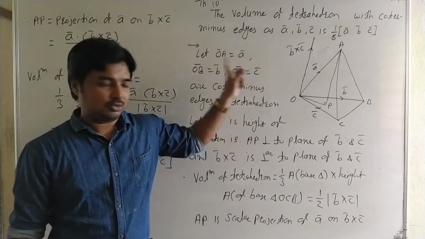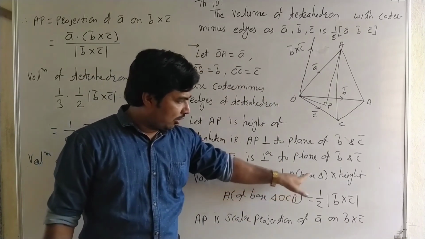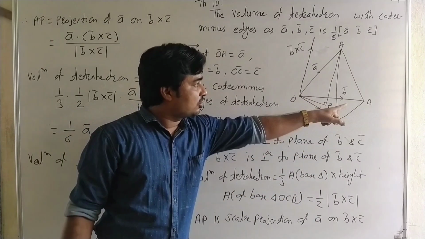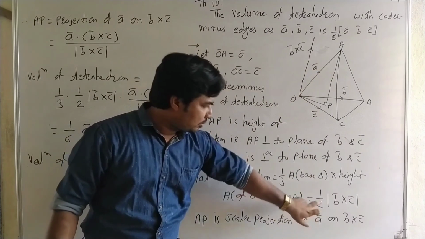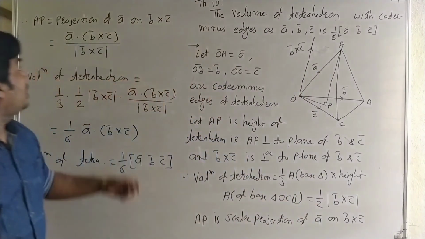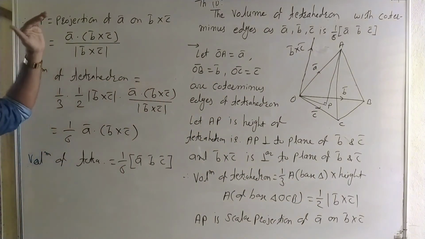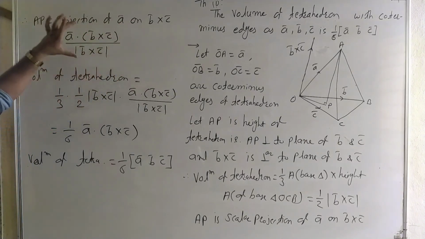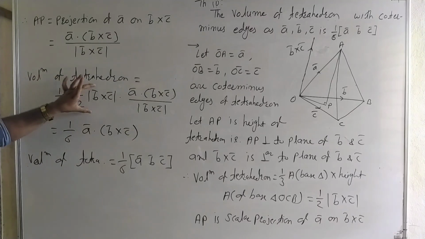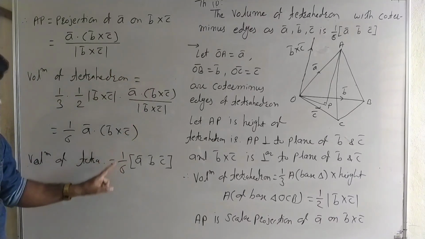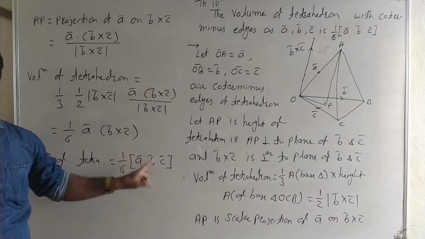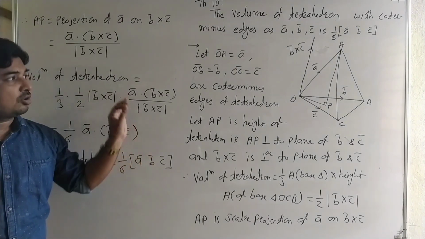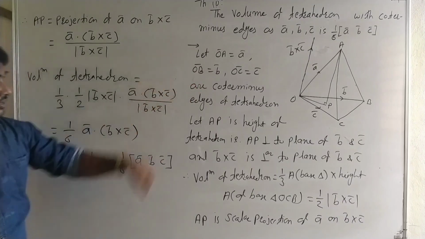Now here 1 by 3 area of base triangle into height, the sides of the base triangle are B bar and C bar, therefore it is its area. Now height is a projection of A bar on B bar cross C bar, therefore 1 by 3 area of base triangle into height is 1 by 6 triple product of A bar, B bar, C bar. Here A bar, B bar, C bar are the adjacent sides of a tetrahedron. Okay, see carefully.